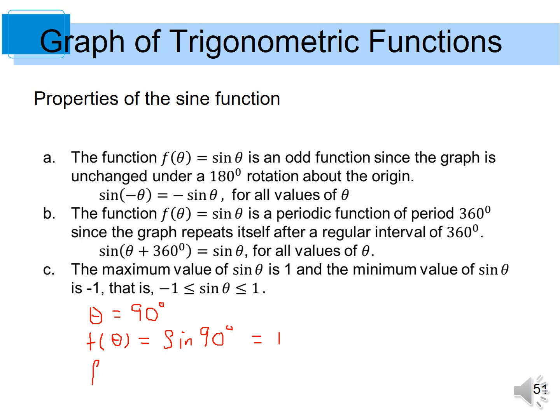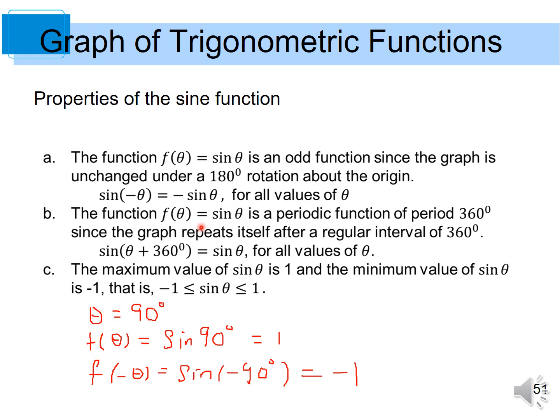And how about if you replace the theta by negative theta? So you will have sine negative 90 degree, which produces negative 1. We can conclude sine function is an odd function.